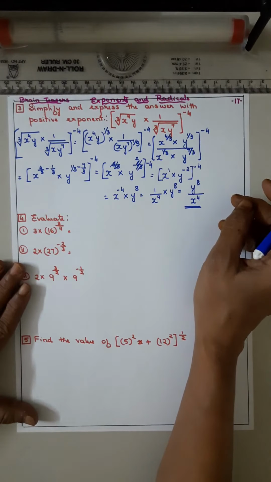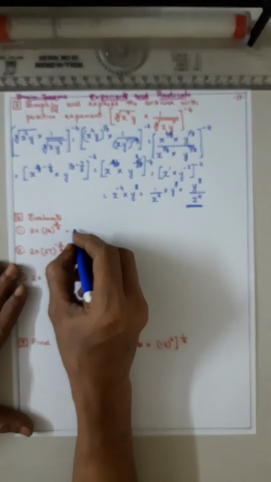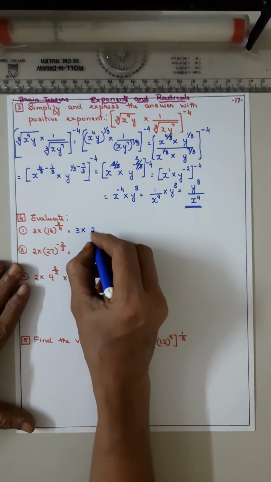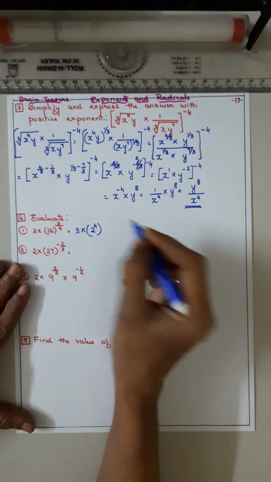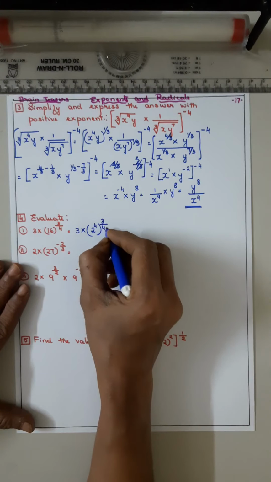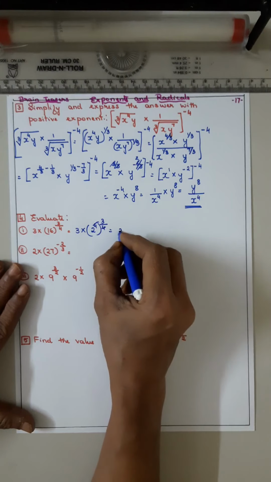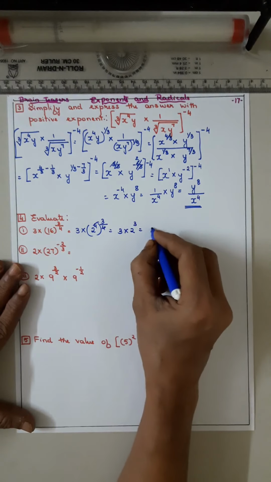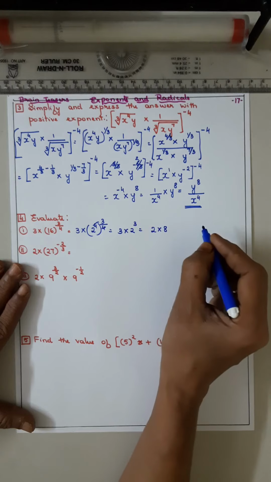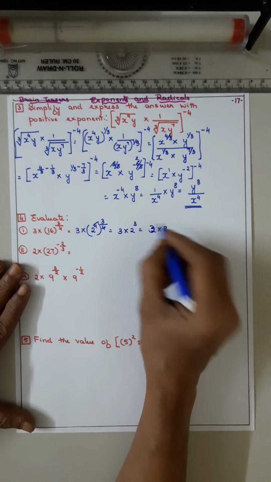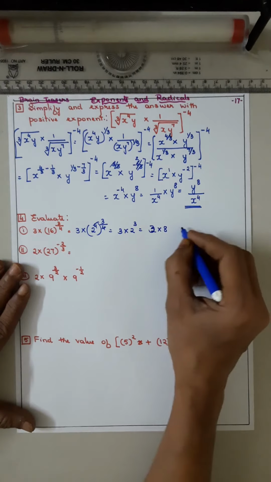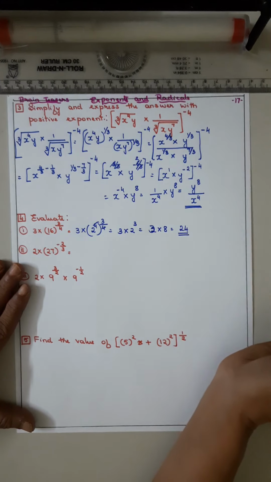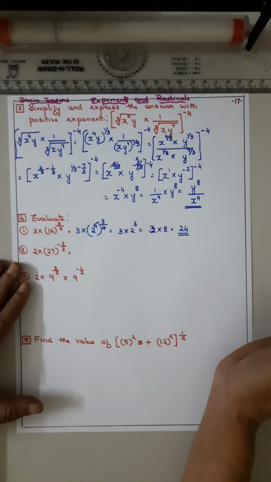Now coming to fourth question, evaluate 3 into 16 to the power 3 by 4, 2 to the power 4 whole raised to 3 by 4, 4 gets cancelled, 3 into 2 to the power 3, it is 3 into 2 cube is 8, so 8 threes are 24. Clear?